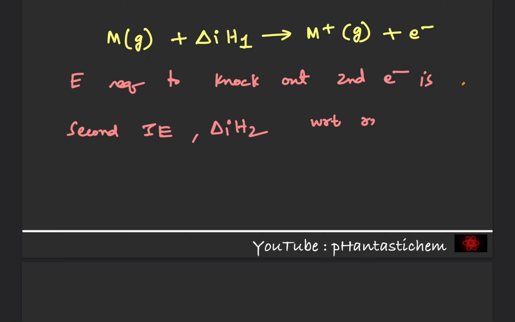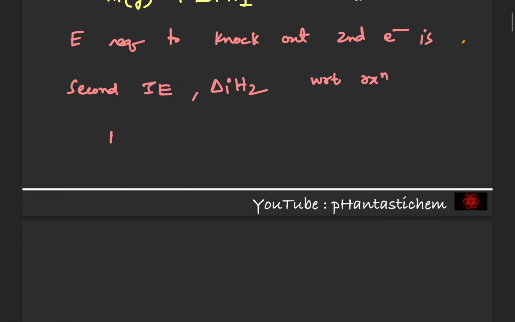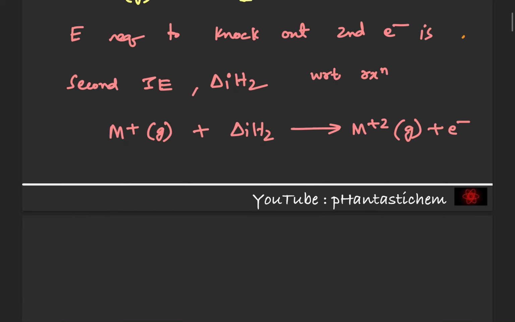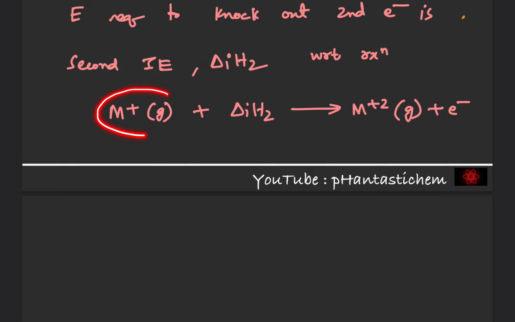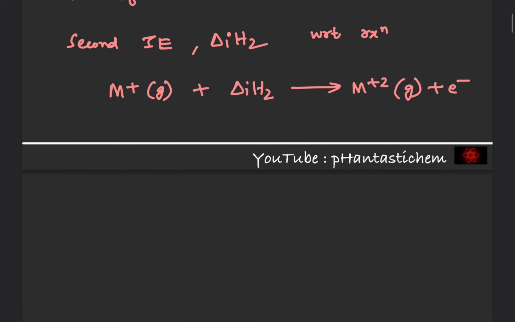That is, with respect to reaction, M+(g) + ΔiH2 giving me M2+(g) plus electron. Okay, so the energy required to knock an electron out from the M+ cation to give us the M2+ cation is known as ΔiH2 or the second ionization enthalpy.